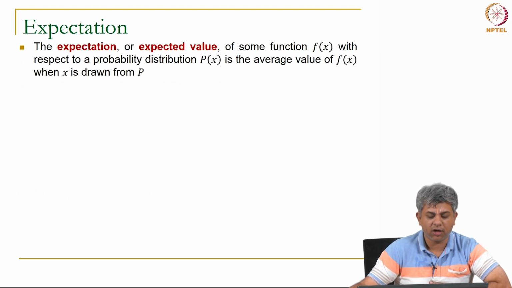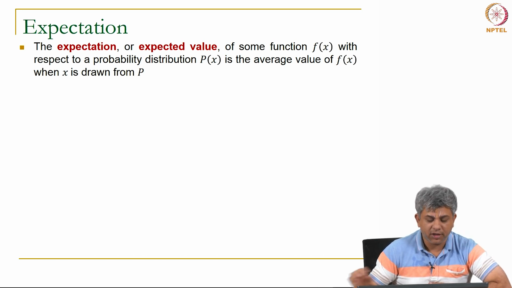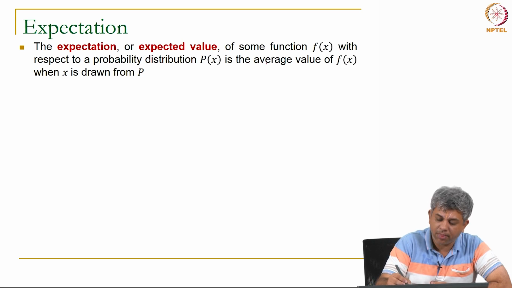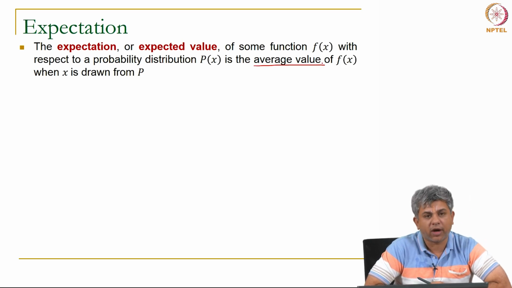Here is how we define expectation. This is the average value. Right now I am not talking about only the expectation of a random variable x, but that of a function of x.